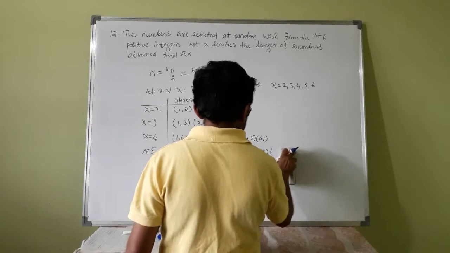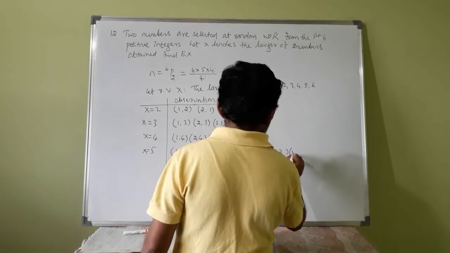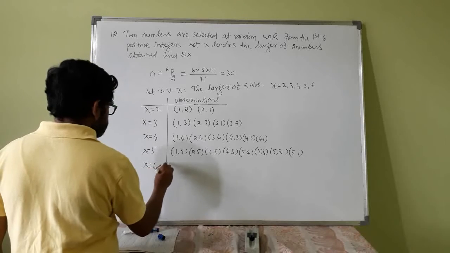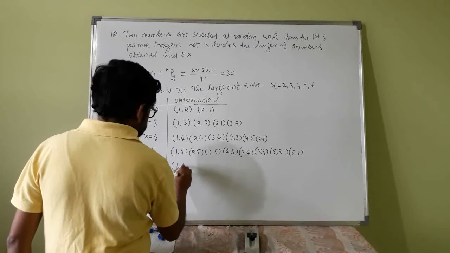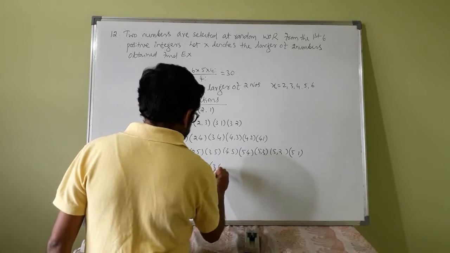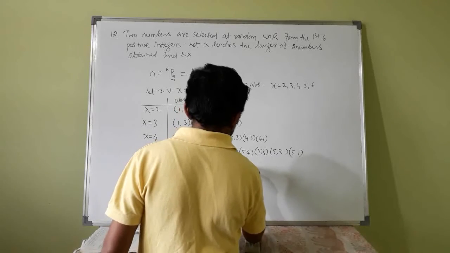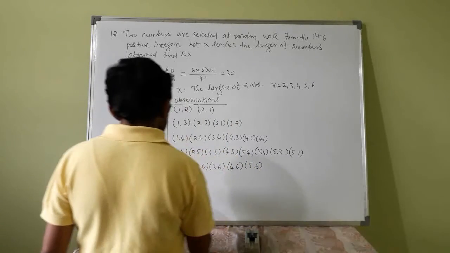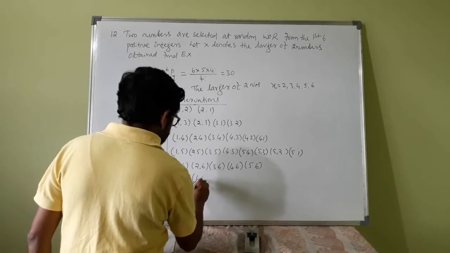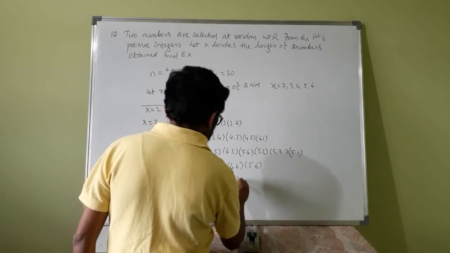Similarly, larger number is 6 means 1, 6, 2, 6, 3, 6, 4, 6, 5, 6 and 6, 5, 6, 4, 6, 3, 6, 2, 6, 1.